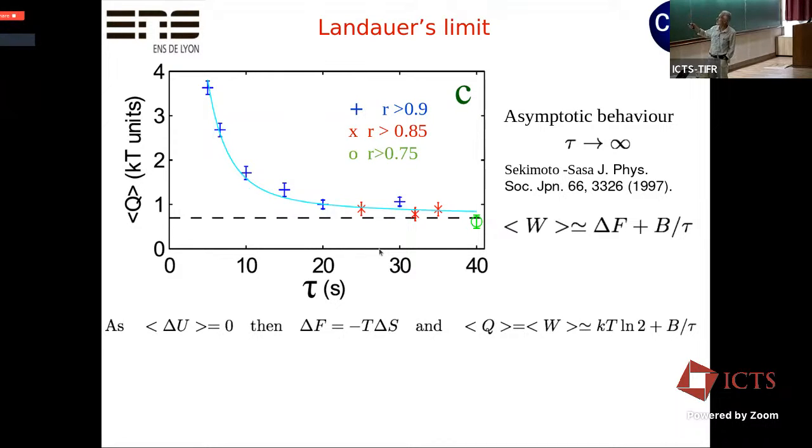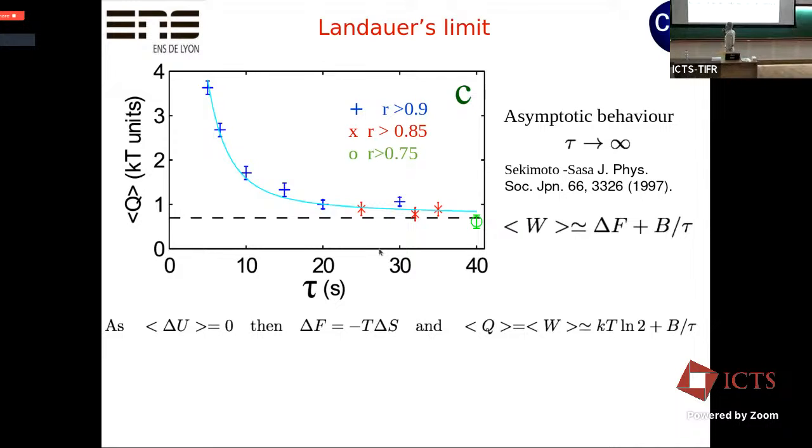And he came out with this result: if you do a transformation in a time tau, the information that you have on delta F should go as B over tau, where B, of course, depends on the system.